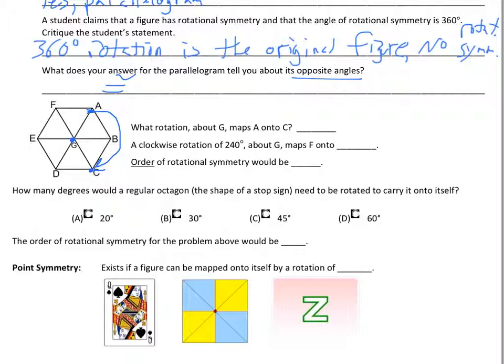Well, first we need to know the order of rotational symmetry. How many times will this shape, by rotating it, map onto itself? It has 6 sides. Therefore, 360 divided by 6 is 60. The order would be 6, and each rotation is 60 degrees.